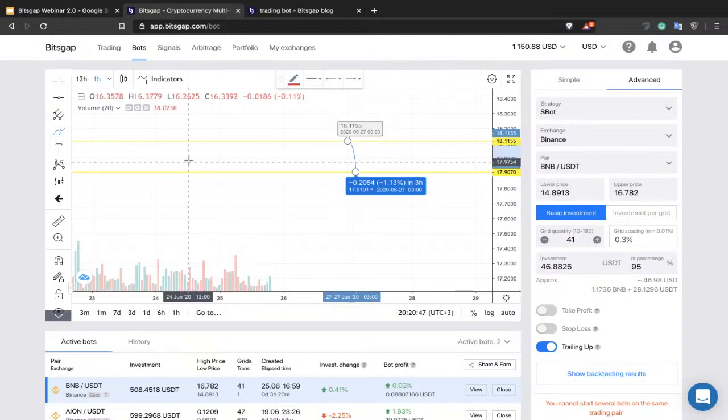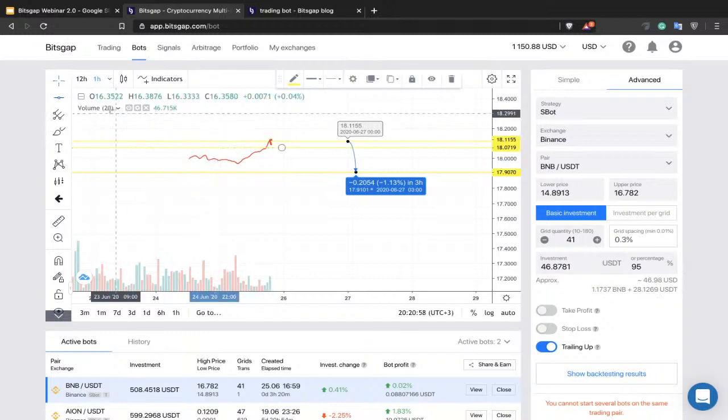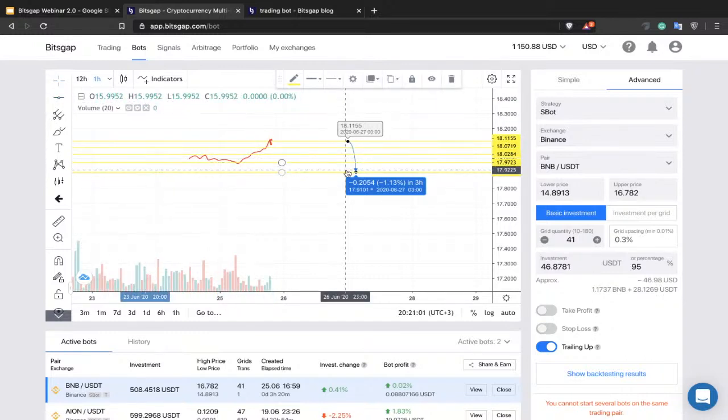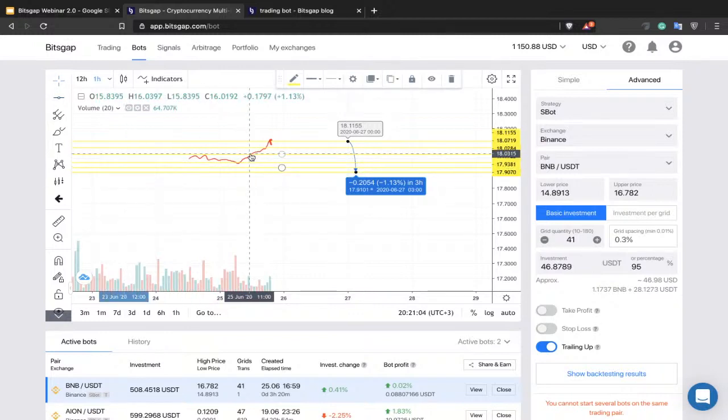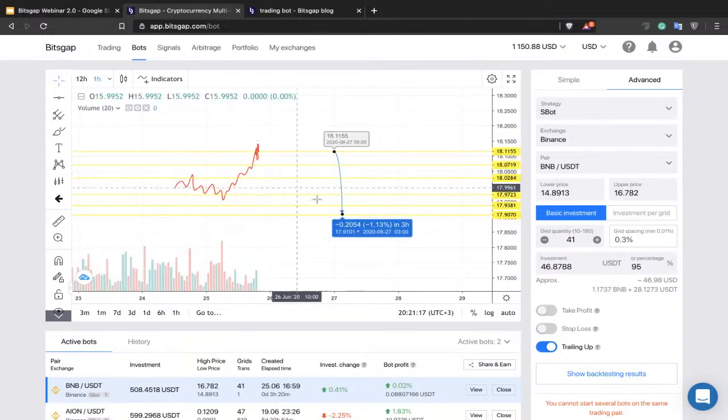And let's assume that the price is moving here. So now it has reached this upper limit, it has triggered this grid level. But having more grid levels, and to have more grid levels, basically your grid spacing is going to be reduced. So that means that it would have triggered this level, this order, then the second one and even the third one. So the narrower your setup, the more trades will happen.